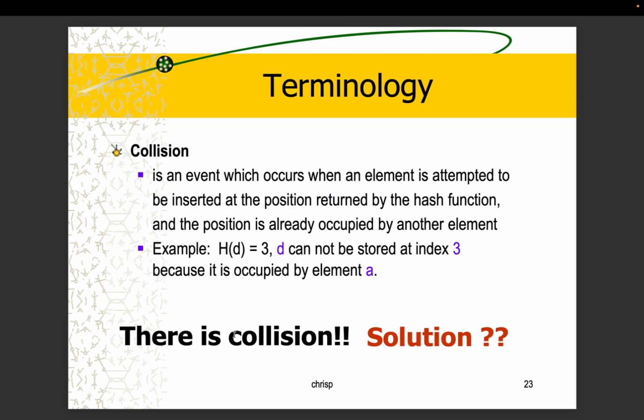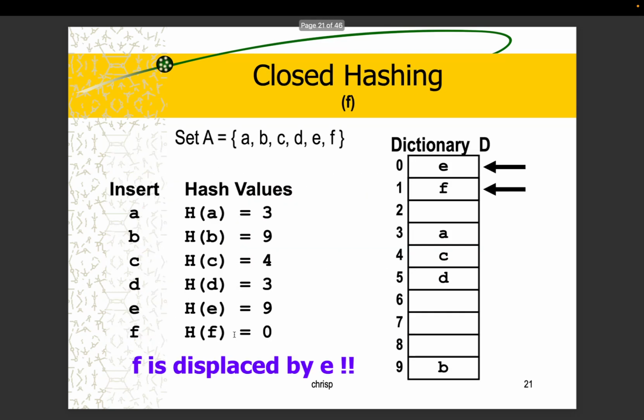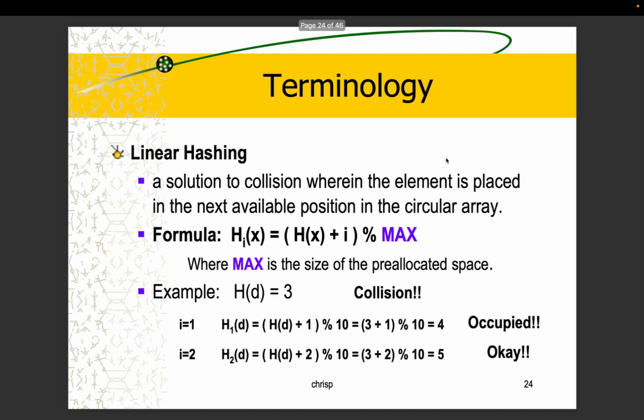So, what is the solution? That is what we call linear hashing. What we did a while ago, wherein we tried to go to the next element and try to search for the next available element, mo na itong ginatawag na linear hashing. It's a solution to collision wherein the element is placed in the next available position in the circular array.